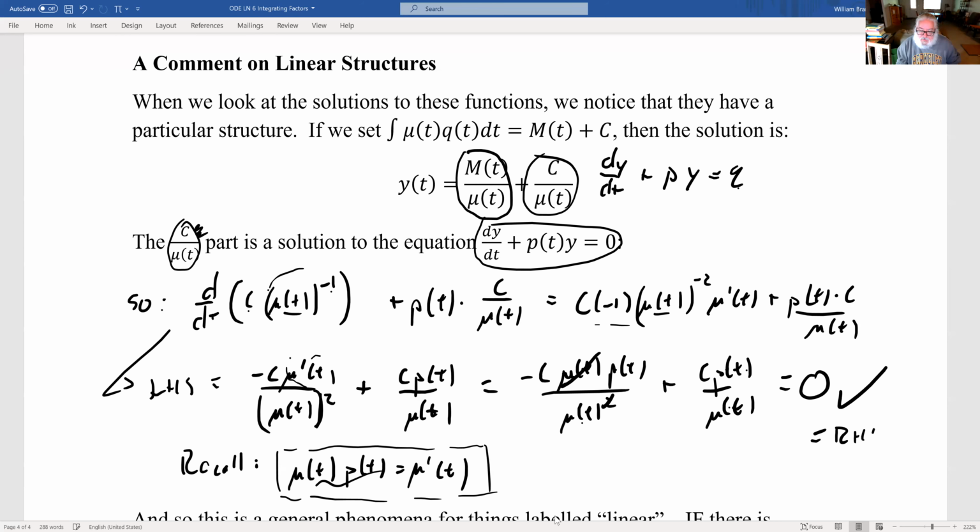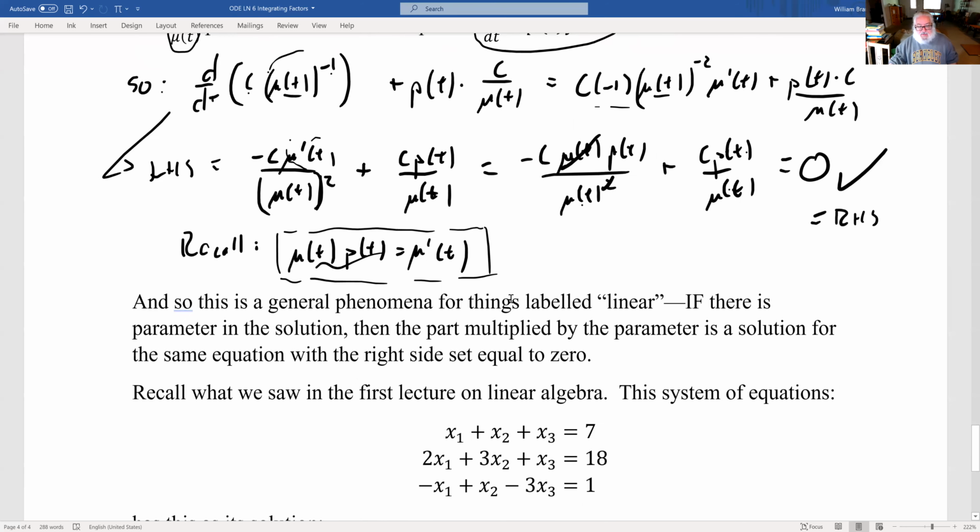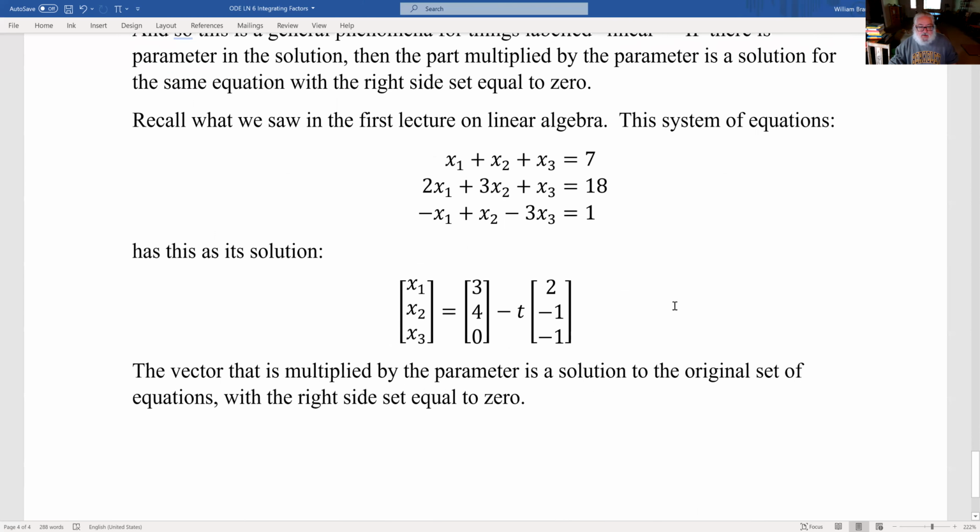So this is a phenomenon that we often see in things labeled linear. If there's a parameter in the solution, then the part multiplied by the parameter is a solution for the same equation with the right side equal to 0. And we saw that when we looked at linear algebra. We have this system of equations. It had a solution that involved a parameter.